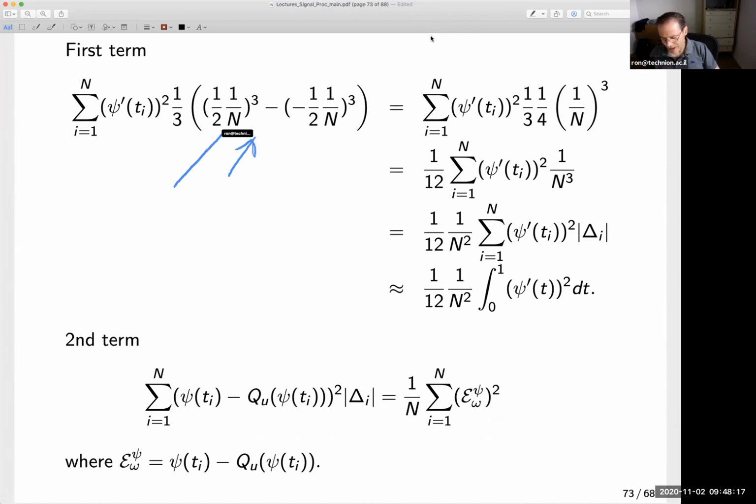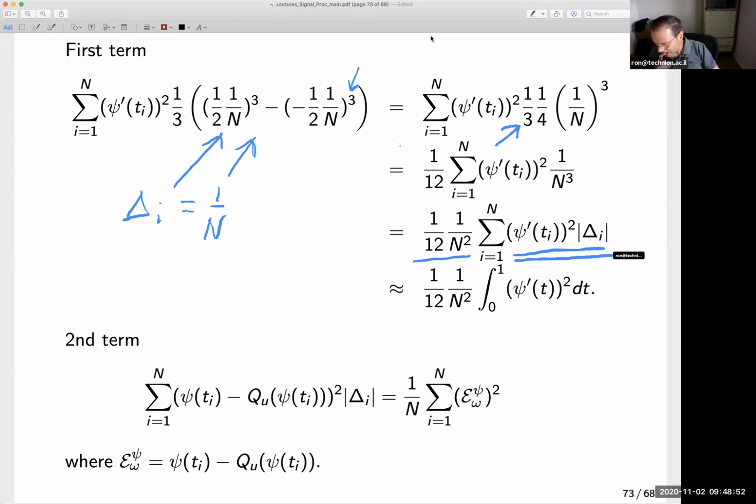Because the size of each and every delta I is equal to 1 over n. And when we do the math, this is what I would be getting. It would be 1 over 12. The 1 over 12 comes from the power of 3 that I'm getting here, that in the integration becomes 1 over 3, etc., etc. And at the end of the day, this is what we would be getting.